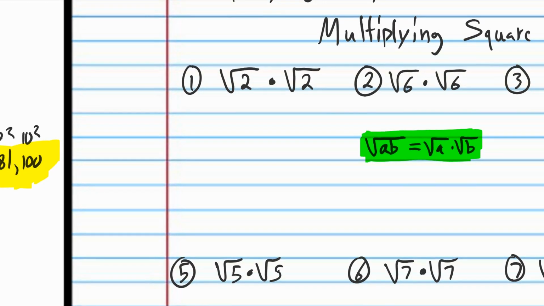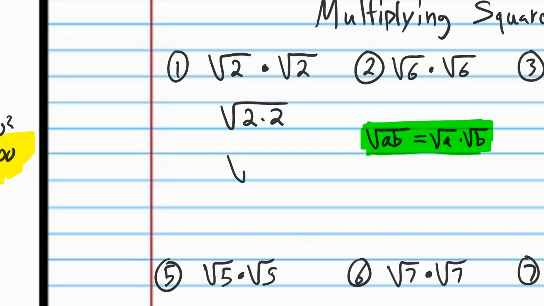So instead of breaking the root into two roots, we're going to take two roots that are multiplied and combine them into one root. So square root 2 times square root 2 is going to become square root of 2 times 2. So again, the 2's will be considered A and B, and you just put them together under the root.